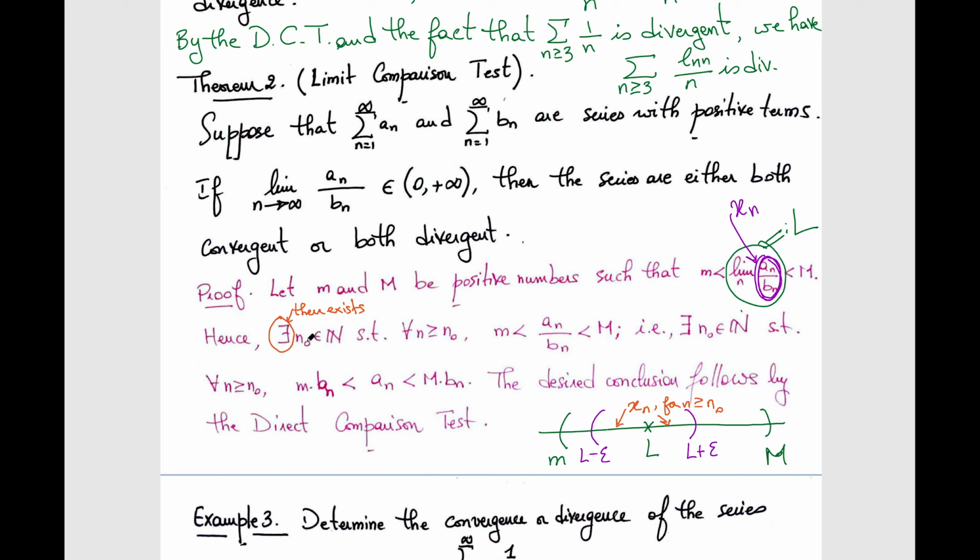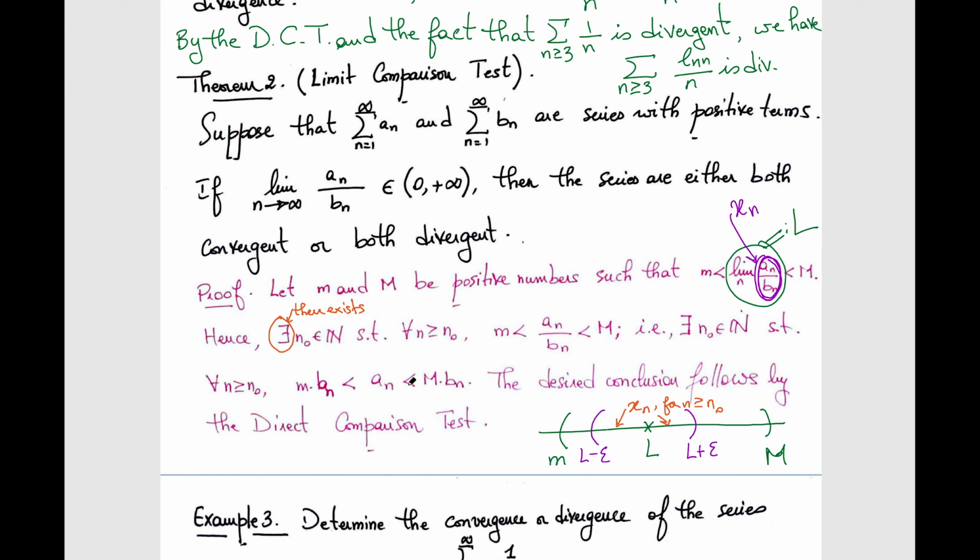So there exists a natural number n_0 such that for all numbers that are bigger than or equal to n_0, the x_n, which is a_n over b_n, is going to be between little m and capital M. That's what we have. Correct? Now, if you multiply all three sides by b_n, you get this double inequality for all n that are at least n_0.